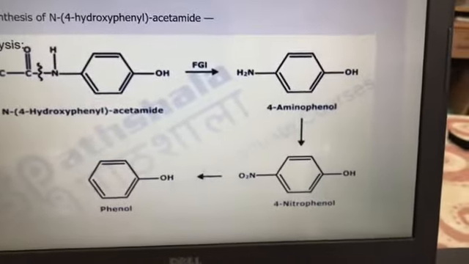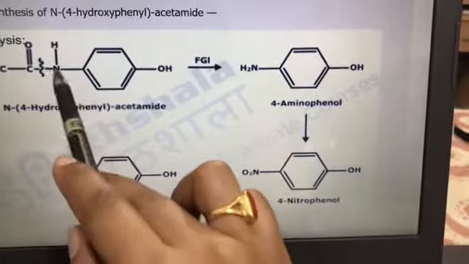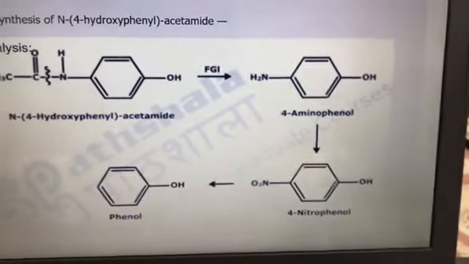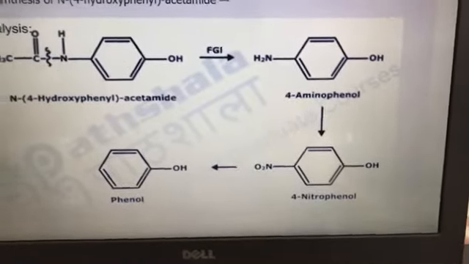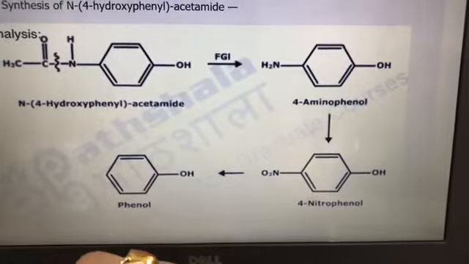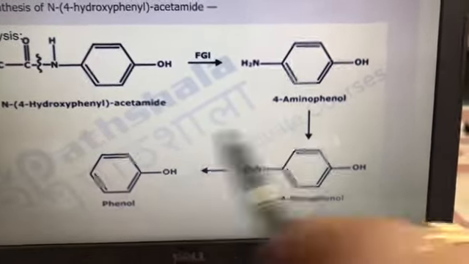The third example is the synthesis of N-(4-hydroxyphenyl)acetamide. We can disconnect it here by using FGI, and it will give us a carboxylic group.